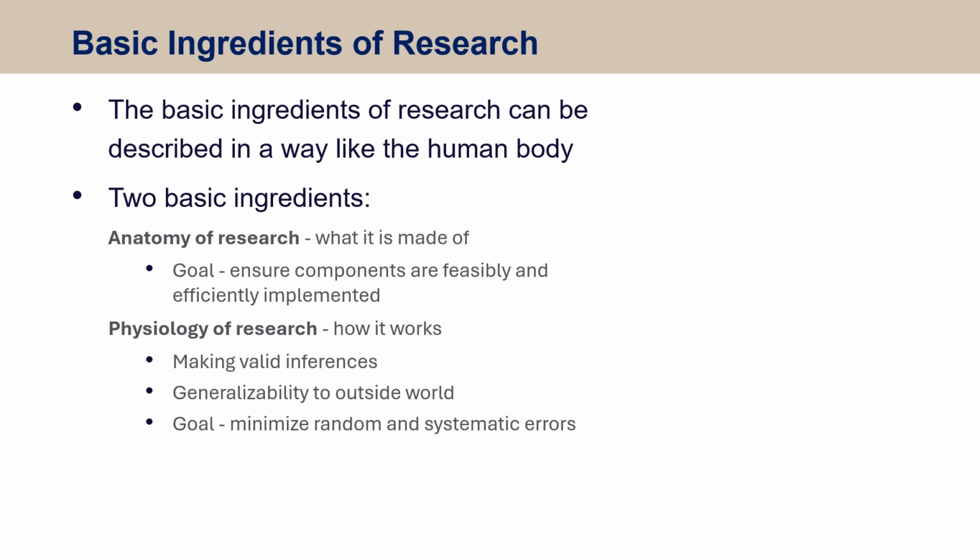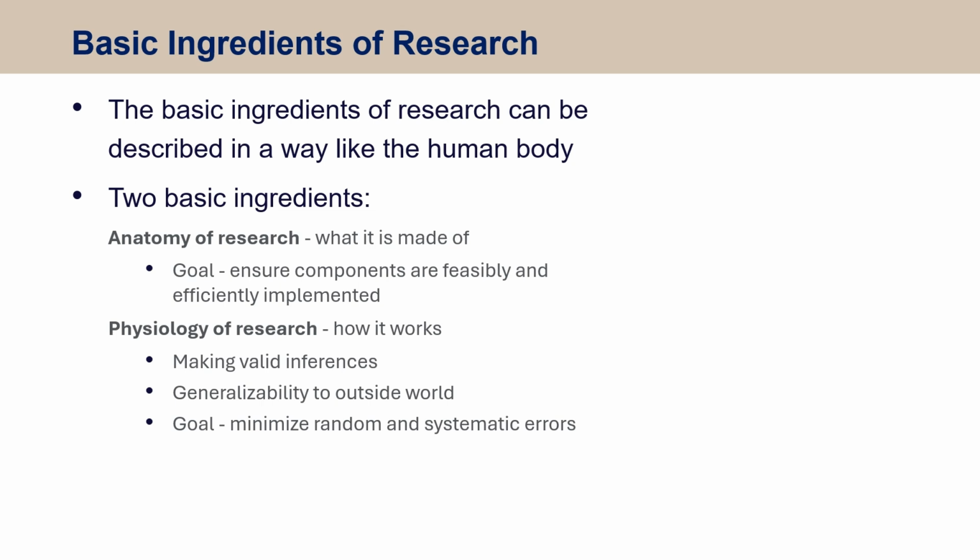So these may not be visible to the naked eye unless you go into the system itself, but these are about making valid inferences. It's also about generalizability to the outside world, which you also put in the definition. And the goal of the physiology is to minimize random and systematic errors.